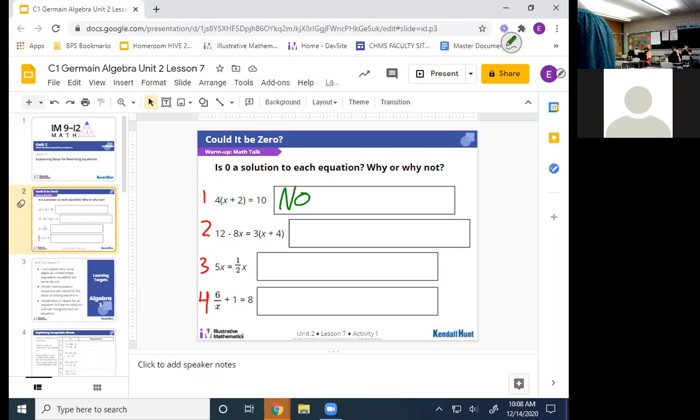What do we think? When we plug 0 in here, what is equal to what? Why don't you do number 2 for me then, if you don't have it right now? What did we get for this one? Thank you, Peyton. What did we get for this one, Junior? What is equal to what?